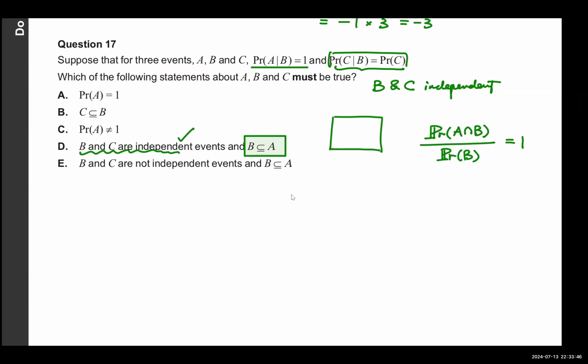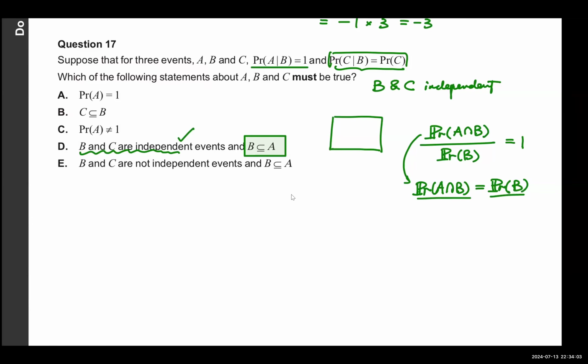The only possibility for such a thing to be valid is when you have probability of A intersecting B equals probability of B, something along this line, okay?